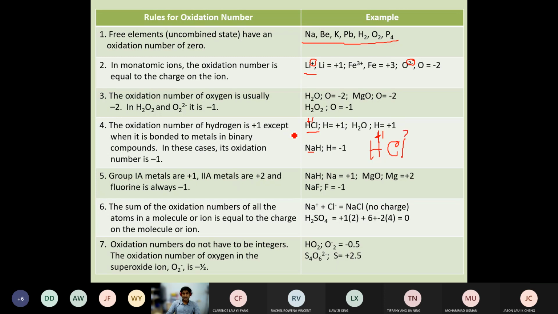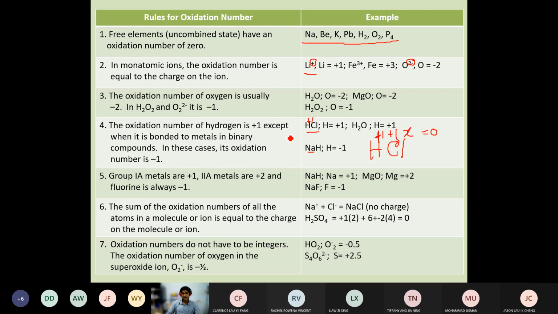So we put X. We know that the total of the oxidation states for a neutral molecule must be 0, because when we write HCl, we are not showing any charge on it. It's not an ion. It's a neutral molecule. So what will be the chlorine oxidation state?